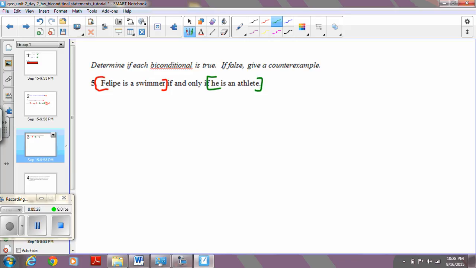So if I was writing the conditional statement, it could say, if Felipe is a swimmer, excuse my handwriting, then he is an athlete.